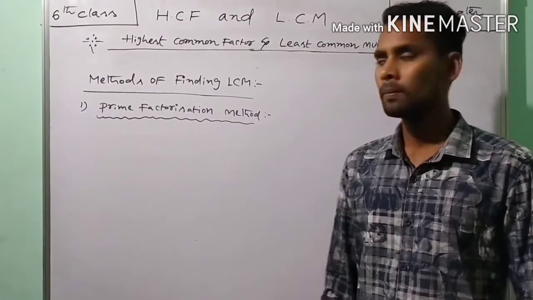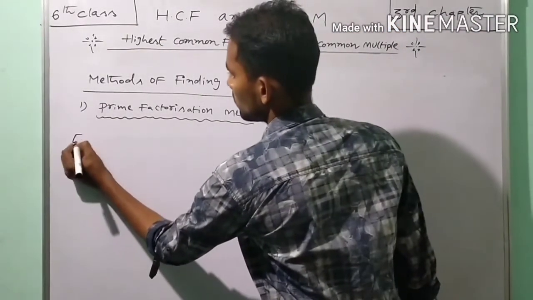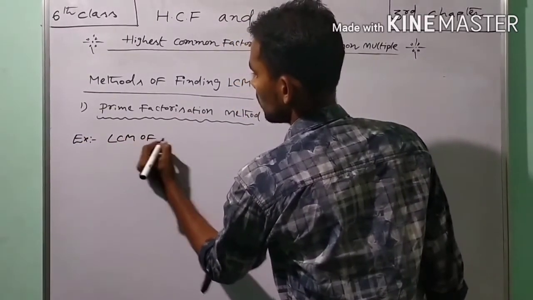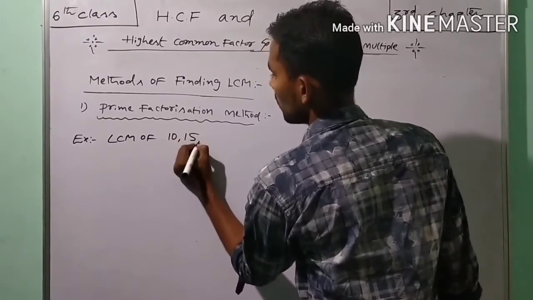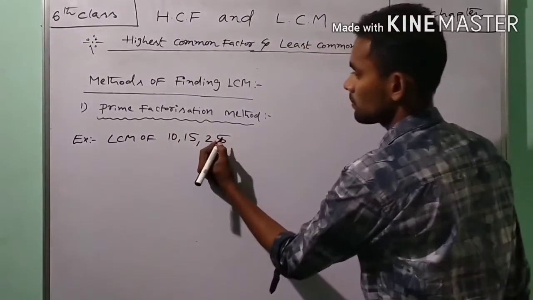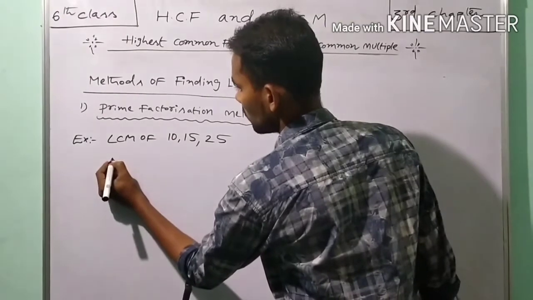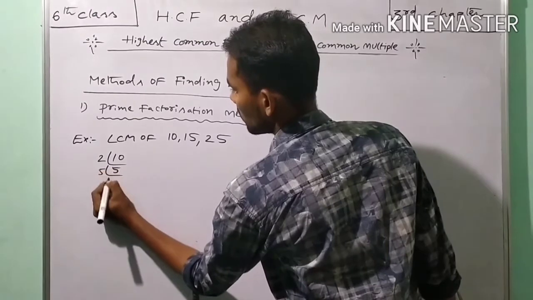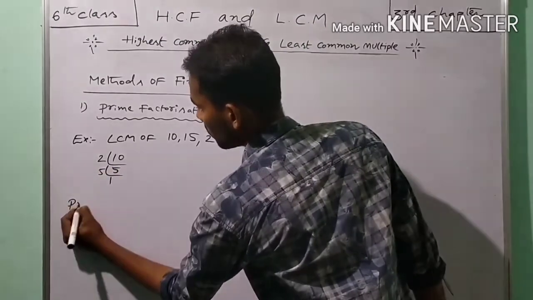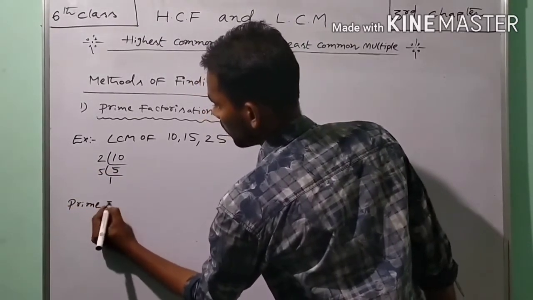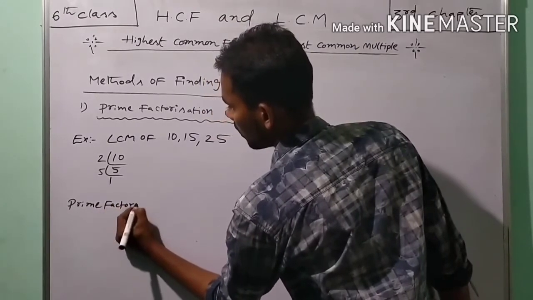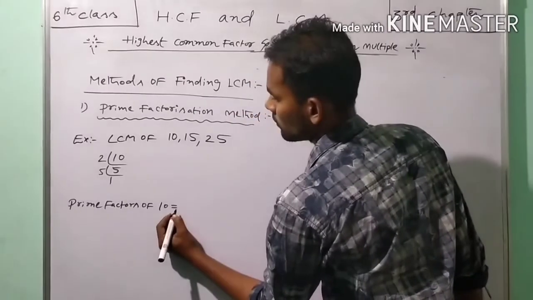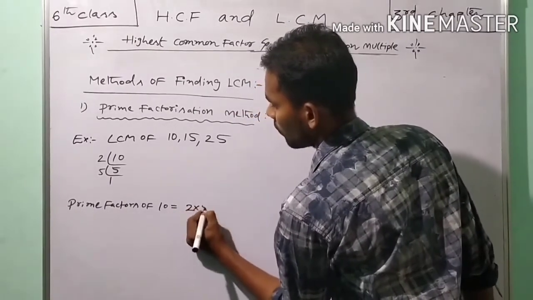Another example, LCM of 10, 15 and 25. Factors of 10: 2 5s are 10, 5 1s are 5. Prime factors of 10 equal 2 into 5.